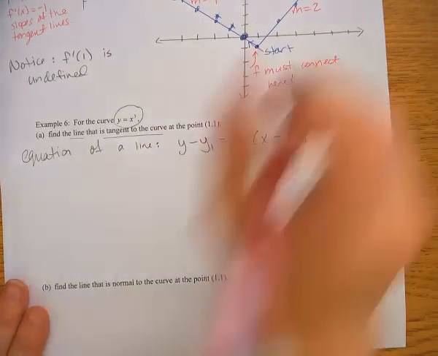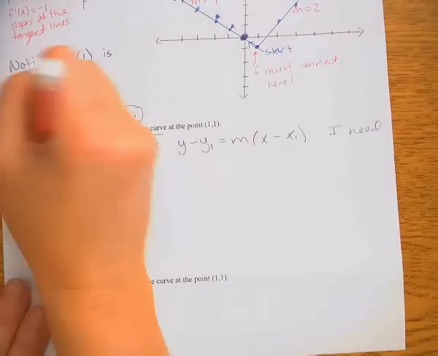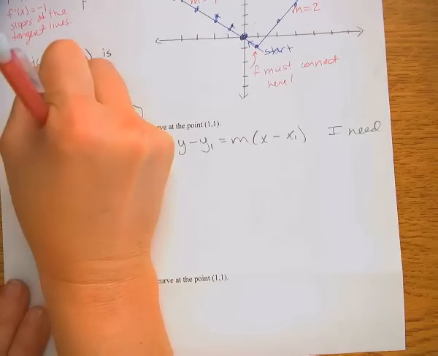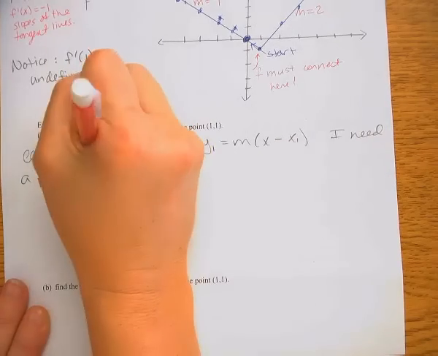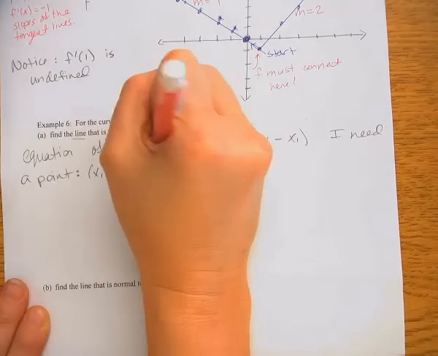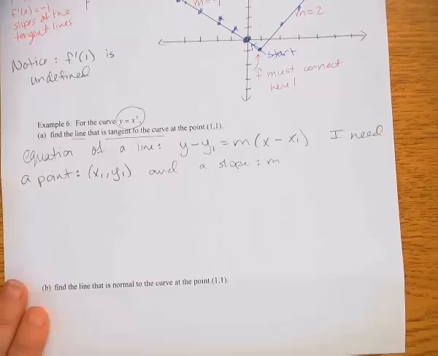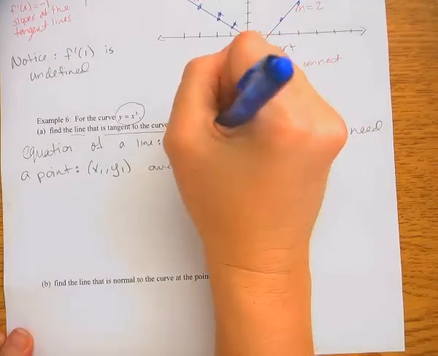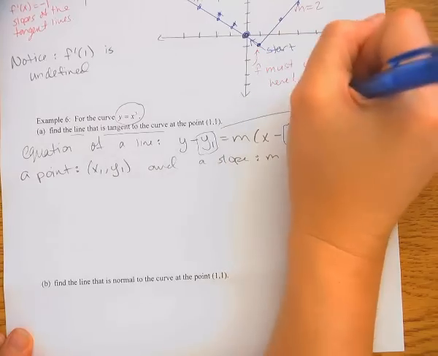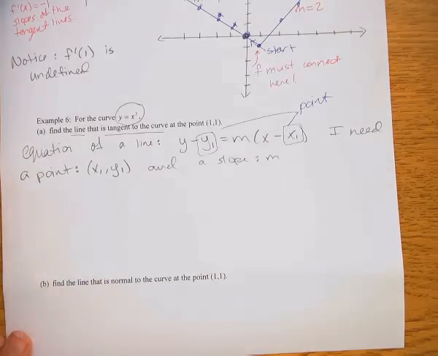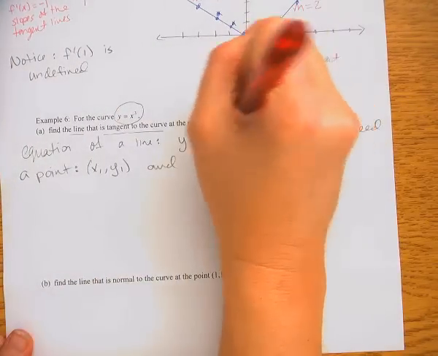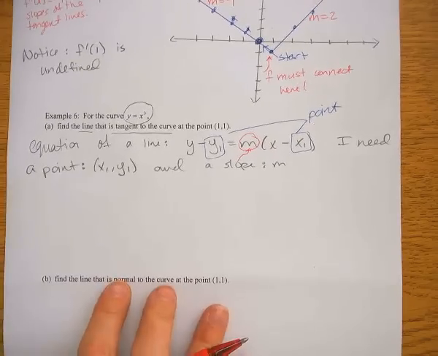To use this form, I need a point, which is x1, y1, and a slope, which is m. So here are the coordinates of my point, and here is my slope. So I need to find those two things.